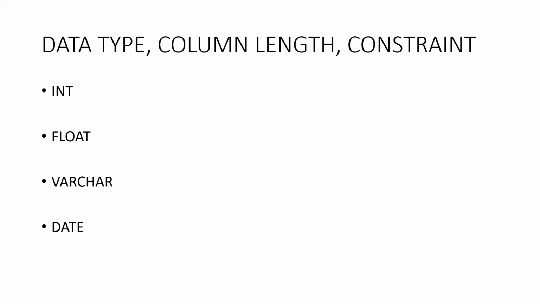It should be only numeric without any decimal point, and float should have a decimal point. Varchar should be the string data type. There is another one called date data type. It contains the date, or date time, this kind of stuff.